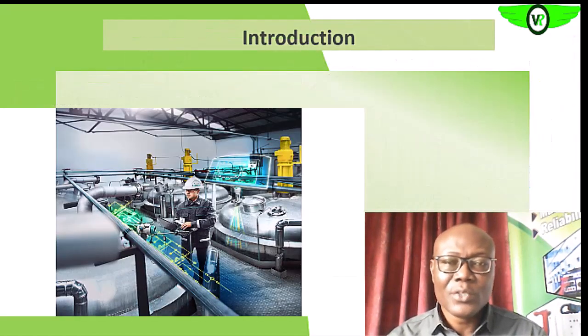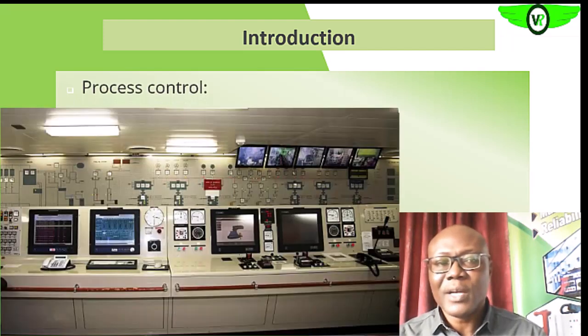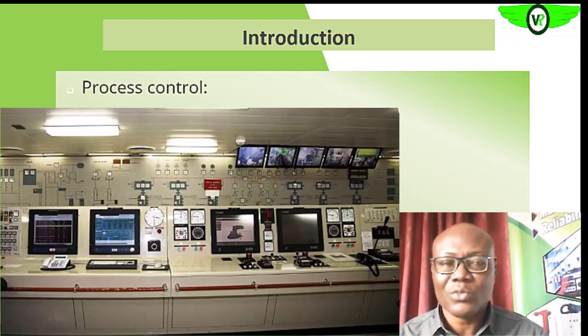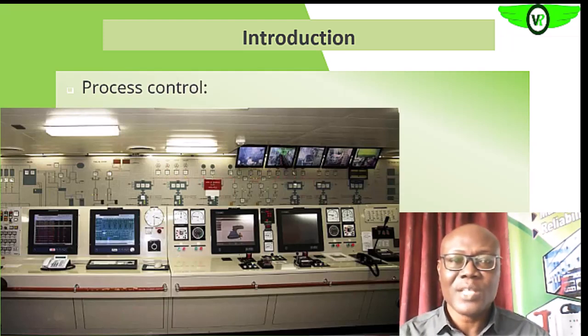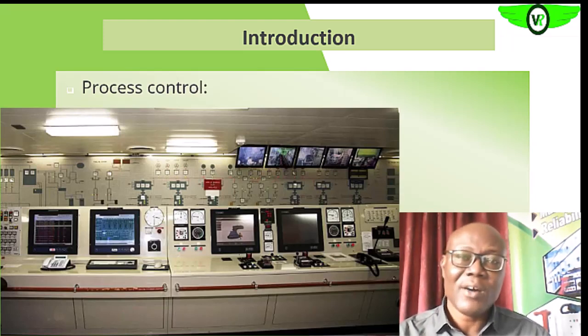So let us still look at what we mean by process control. Remember, we said the process is a series of steps in the process industry that we need to take in order to get our finished product.